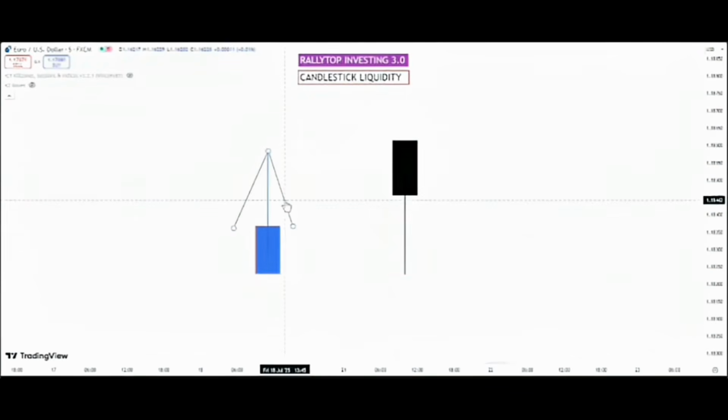Now, this candlestick indicates something in the market. This candlestick that you're seeing here is speaking a language. And as a trader, if you don't understand the language of this particular candle, then you will be a failure in the market. And that's why you need to pay very serious attention.